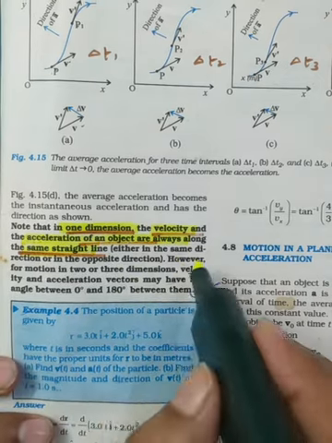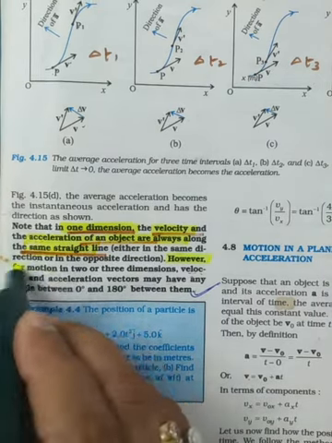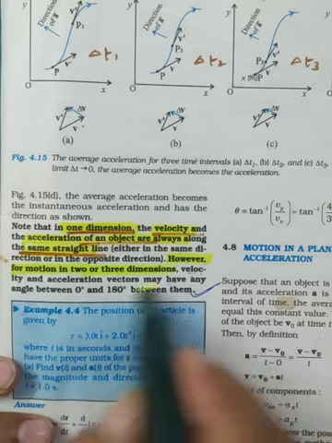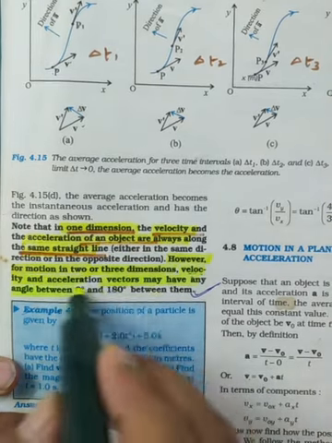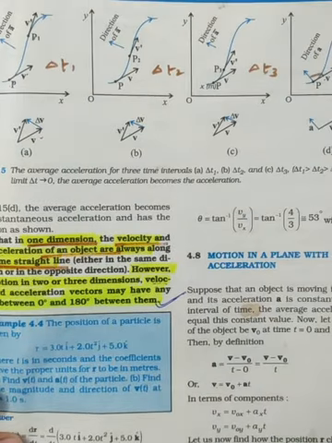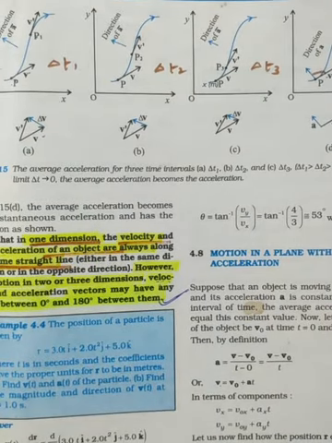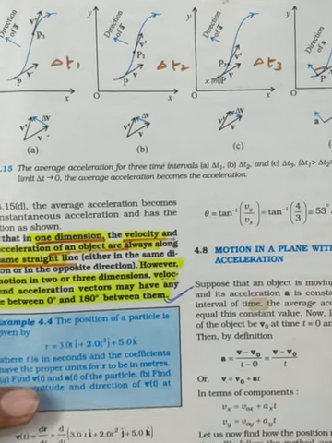However, when we deal with the motion of an object in two or three dimensions, the velocity and acceleration vectors may have any angle between 0 and 180 degrees.